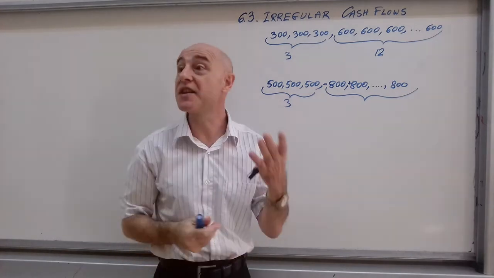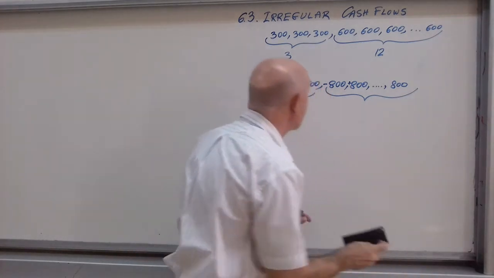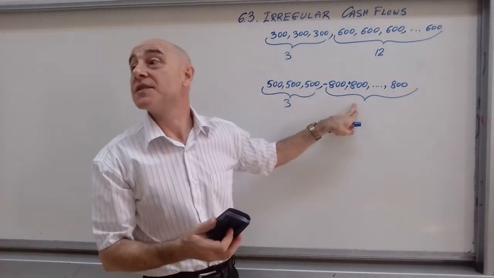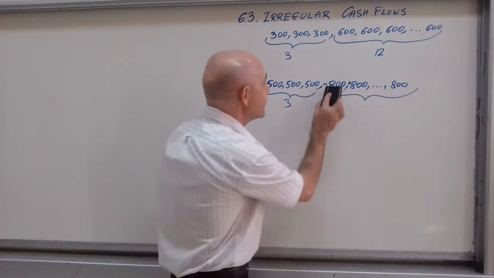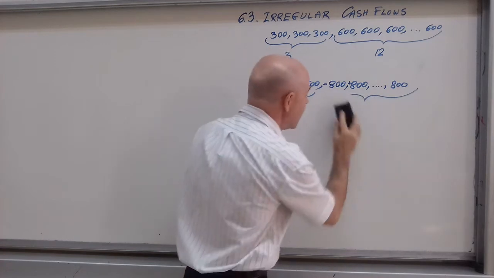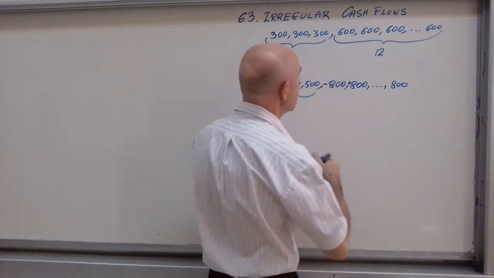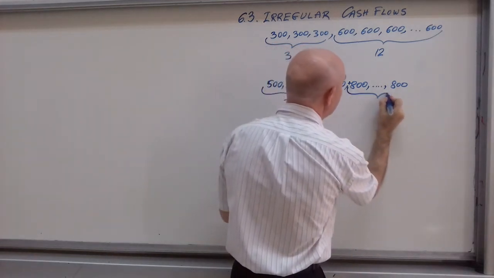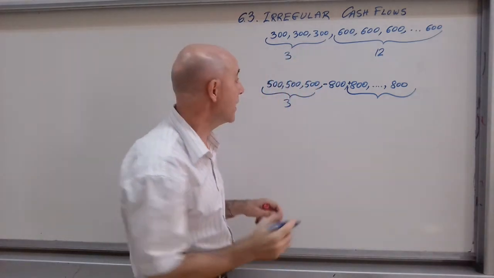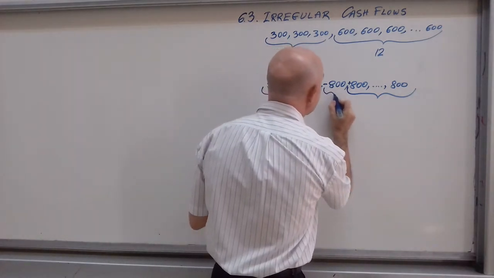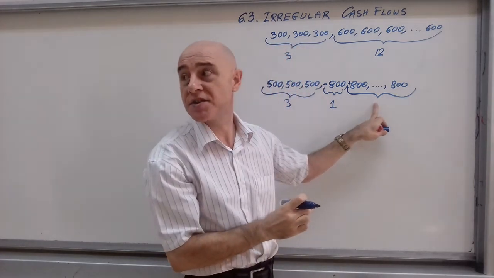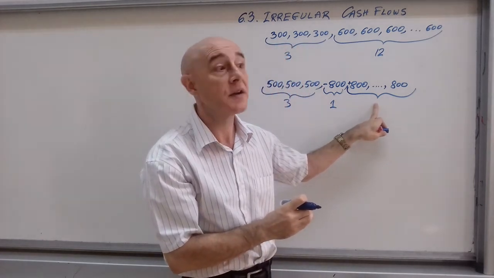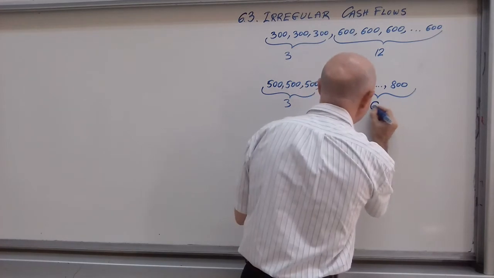Well, if that's the case, notice. Guys, pay attention here. I can't do minus, plus, plus, plus. That's improper. I have to do only the pluses here, okay? So, this becomes 1 payment. How many payments are the last 800s? How many? 6. All right.